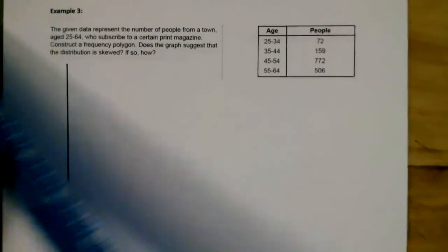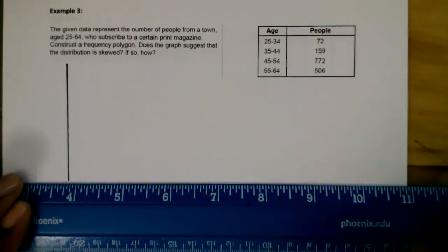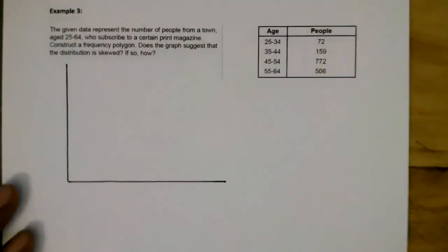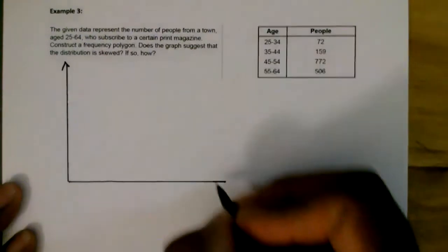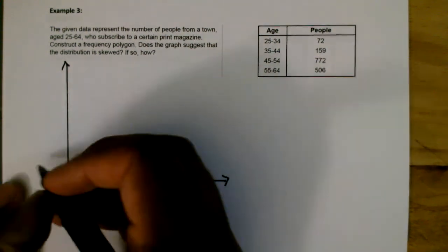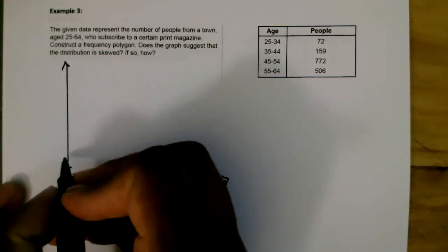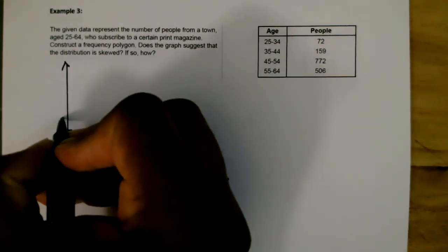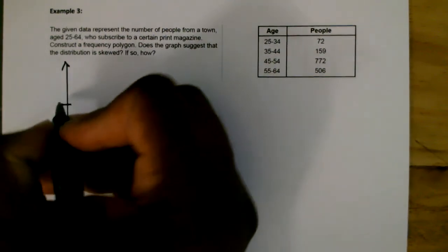So here's my vertical axis and horizontal axis. Now in this case, my vertical axis is just going to be the number of people. And I'm looking at from 72 to 772. So let's do this in increments of 100. This will be 100, 200, 300, 400, 500, 600, 700, 800.